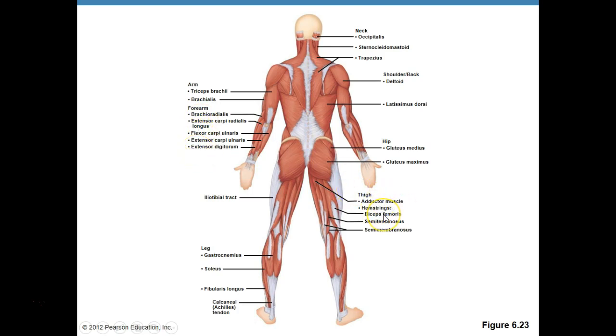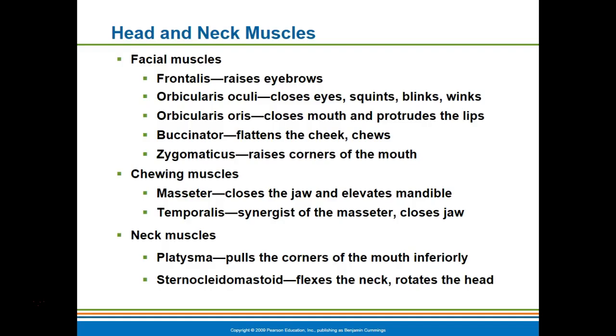And for your thigh, you don't need to know the smaller portions of the hamstrings, etc. So I'm going to talk you through all these muscles of the body. As I go through, I have a couple of different stretches, so if you're having trouble picturing where a muscle is, you can try some of these stretches as you're watching, and that might be a good way to learn it.